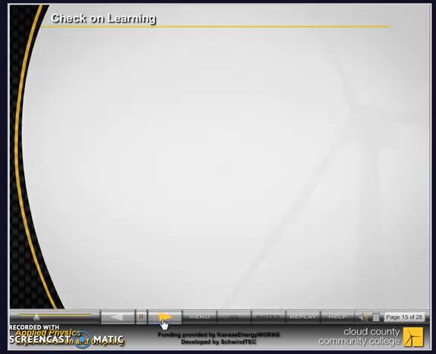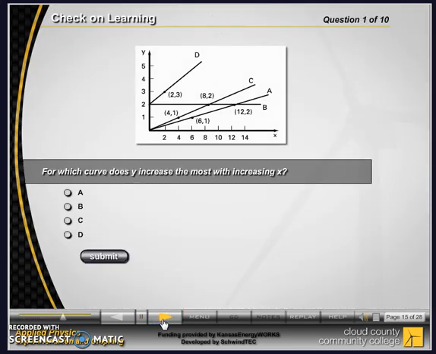Check your understanding of linear graphs by examining the graph and answering the questions.